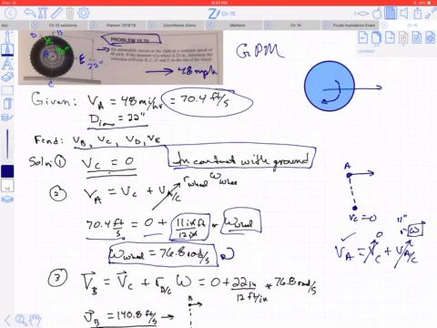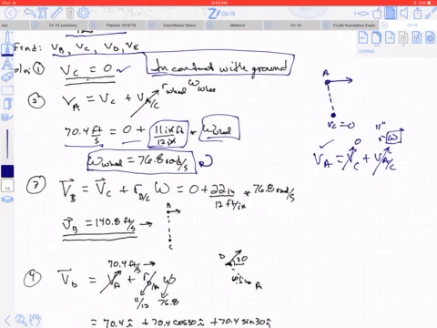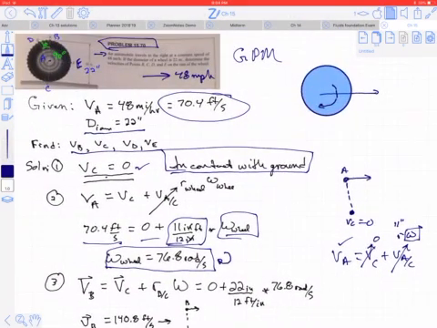So what do we have? We have VC and we have omega. Once you have omega for the wheel, it's true for every point on the wheel. For any object, once you have its omega, you have its omega. So now we can find all these other points, B, D, and E.